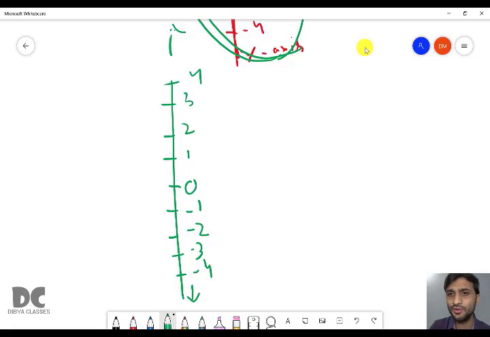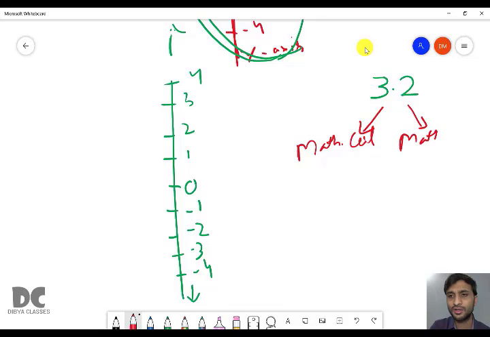Now we have a value 3.2. We'll find Math.ceil of 3.2 and Math.floor of 3.2. So where does 3.2 lie?